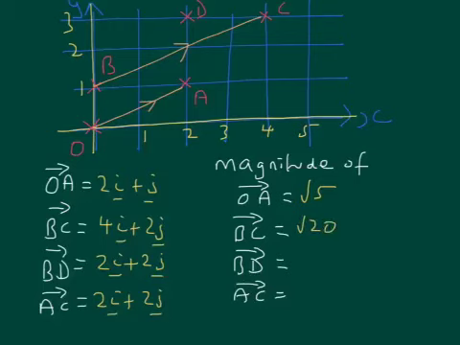B to D is this vector here, so it's 2 squared plus 2 squared, 4 and 4, that's 8. And A to C is the same, root 8. Obviously root 20 is 2 root 5 and root 8 is 2 root 2.